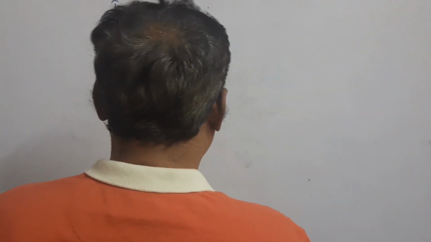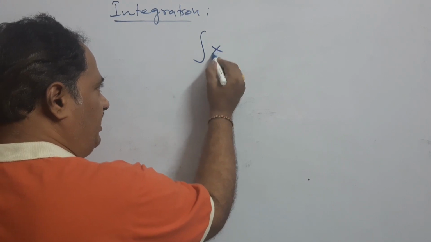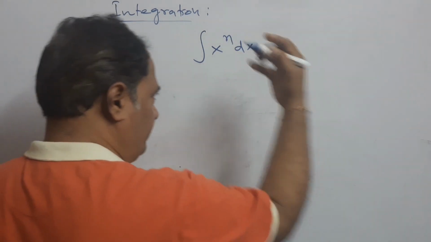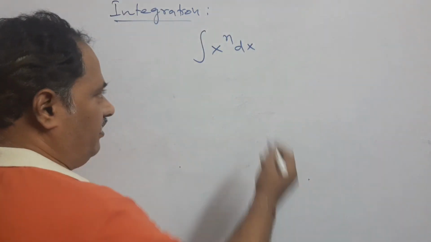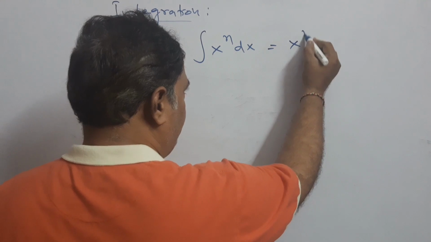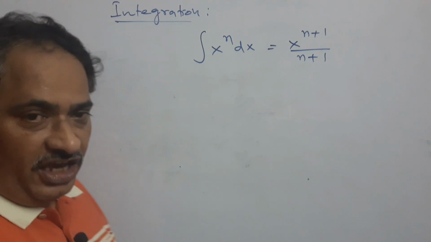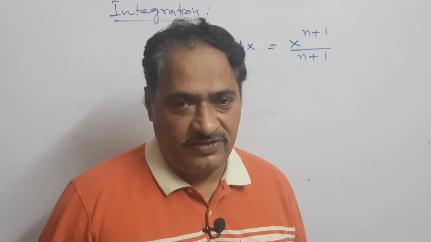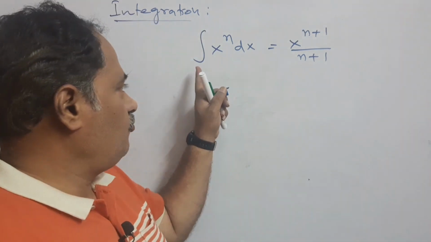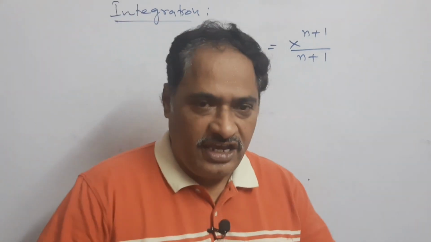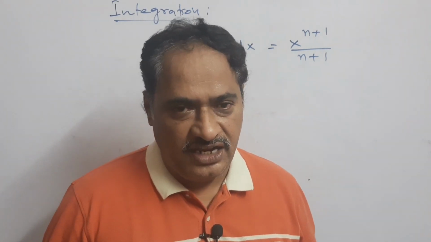That is, integral x power n dx. This formula can be written as x power n plus 1 by n plus 1. If there is no limit here, no x1, no x2, this can be considered an indefinite integral.